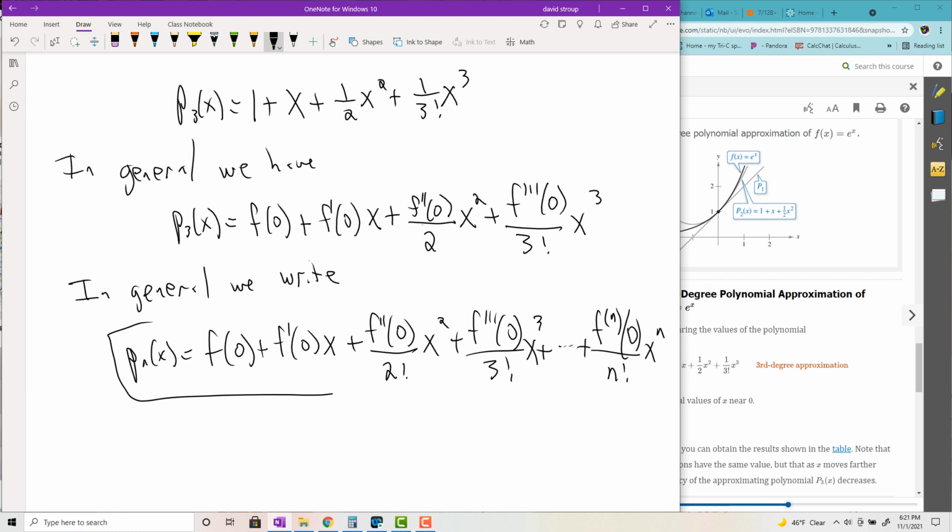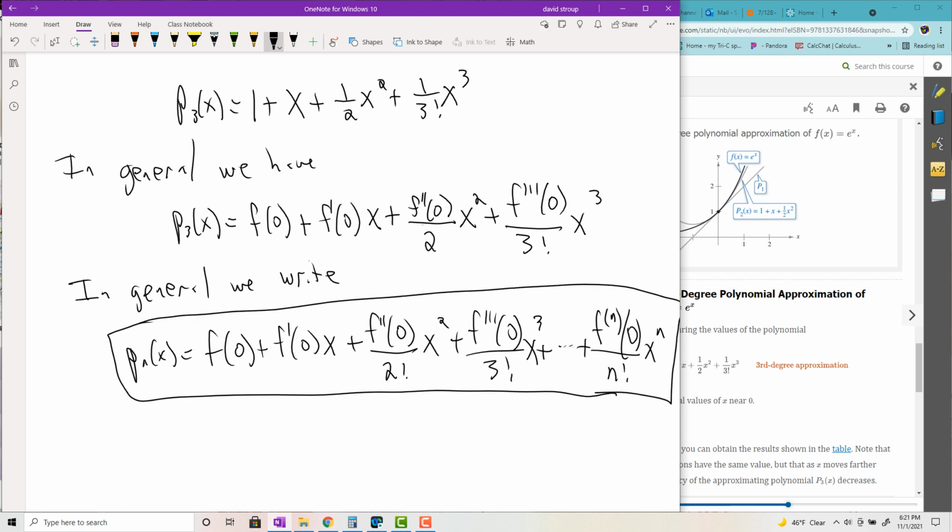And this thing is called the nth degree Maclaurin approximation of a particular function f of x.